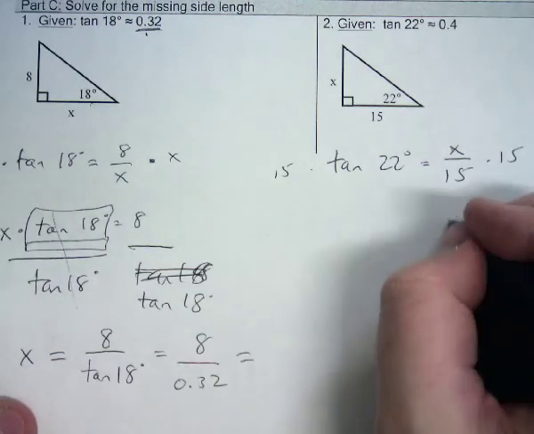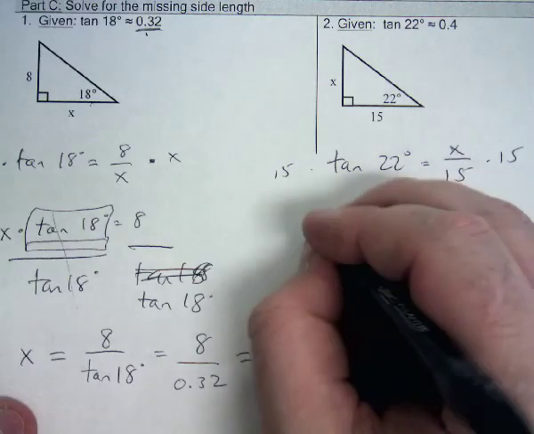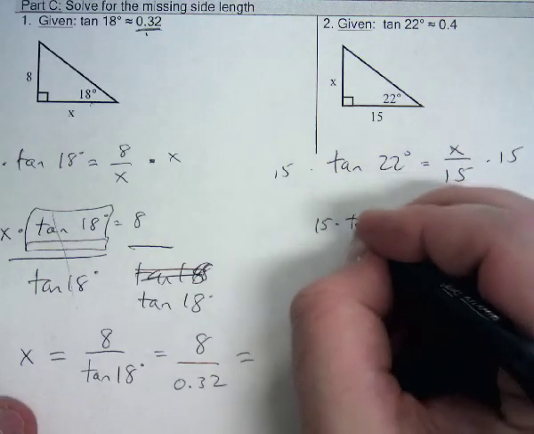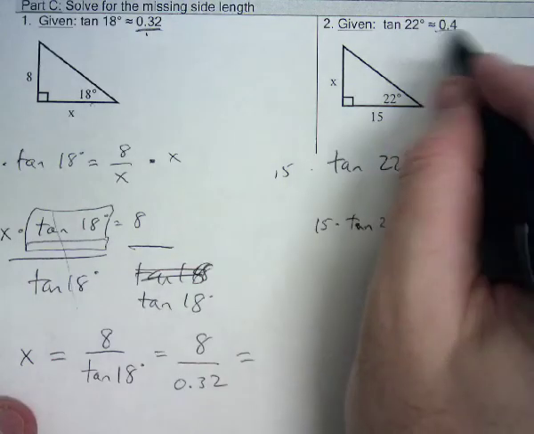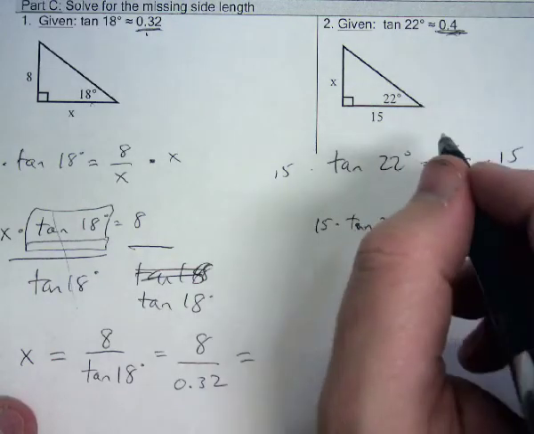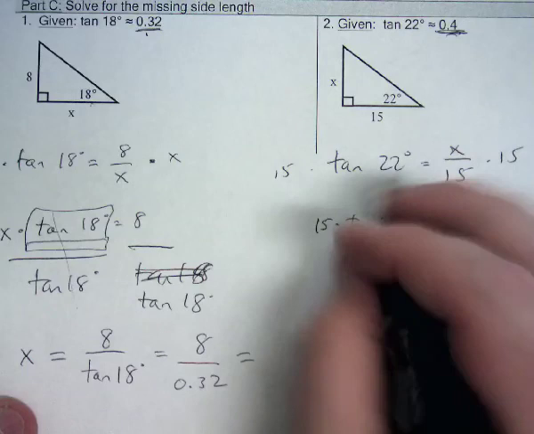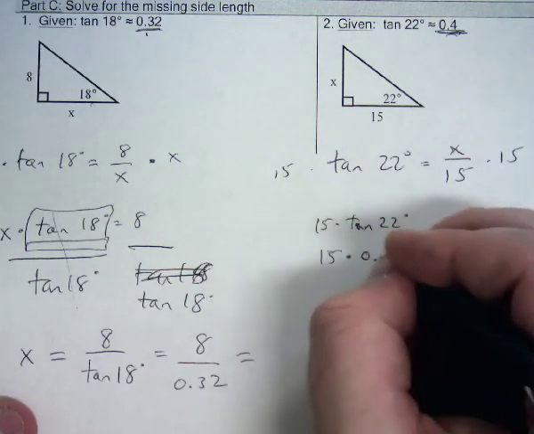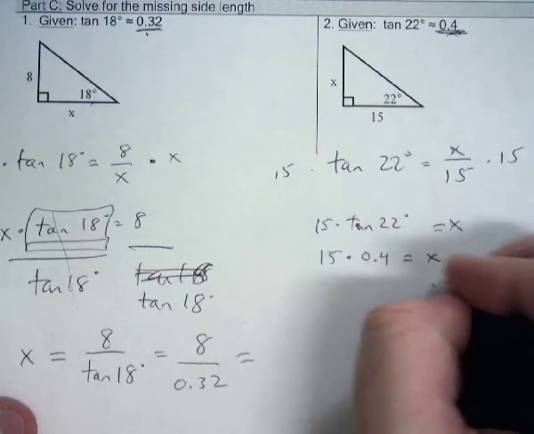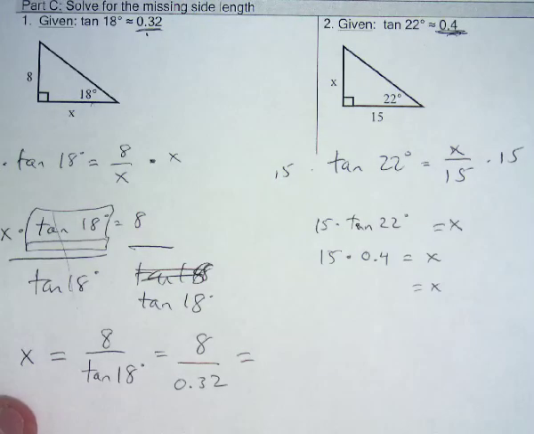So I get just x over here equals 15 times tangent 22. Now I know what tangent 22 is. It's about 0.4. So you can plug that in a calculator or do that in your head, and you get an answer.